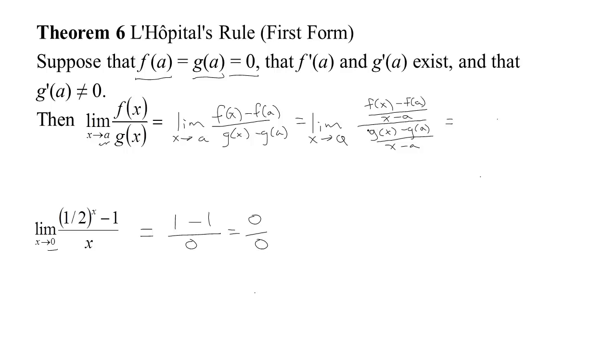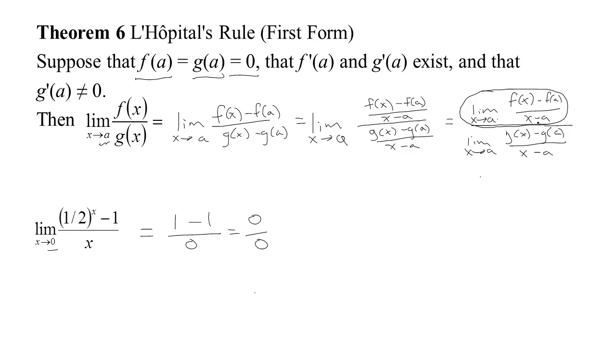And now I can apply the property that if they exist, the limit of the quotient is the quotient of the limits. So we have the limit as x tends to a of f of x minus f of a all over x minus a divided by the limit of the denominator function, which is g of x minus g of a all over x minus a. And this limit in the top is actually the definition of the derivative, right?